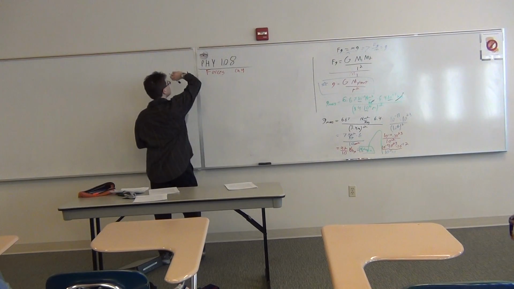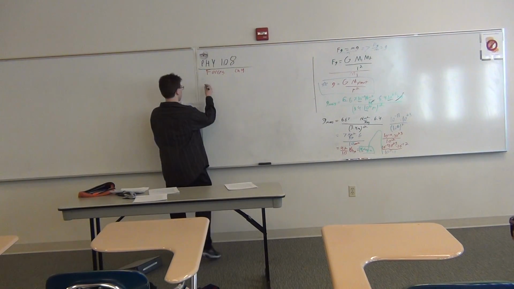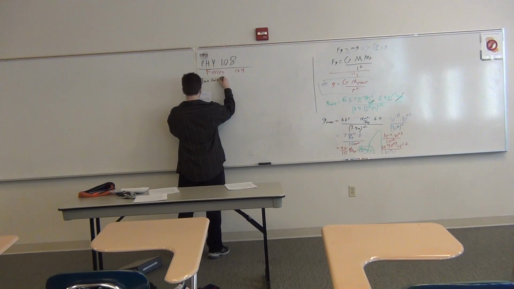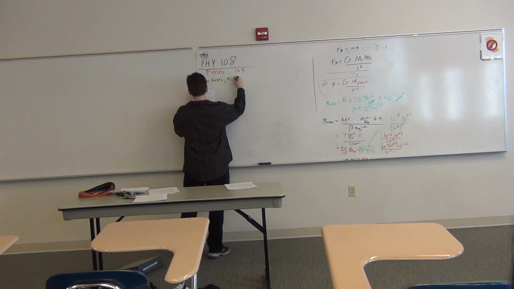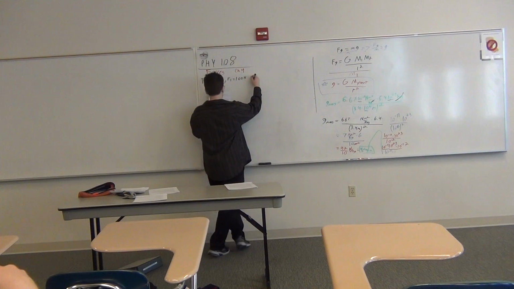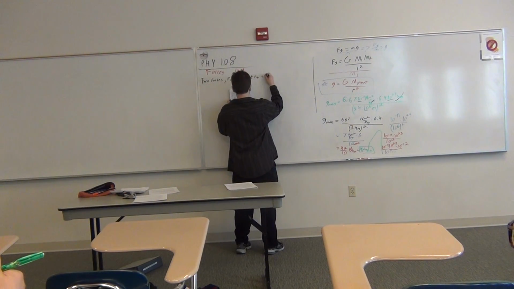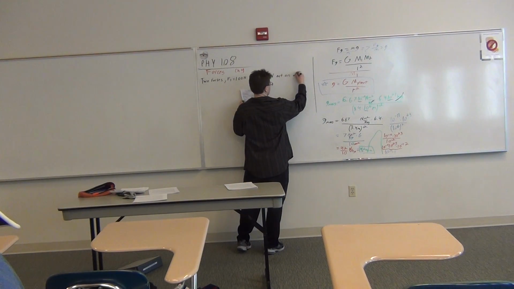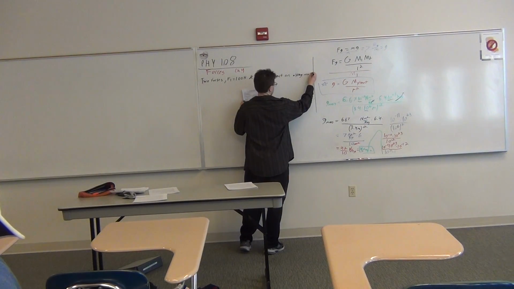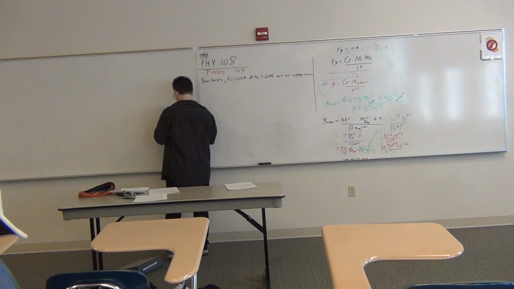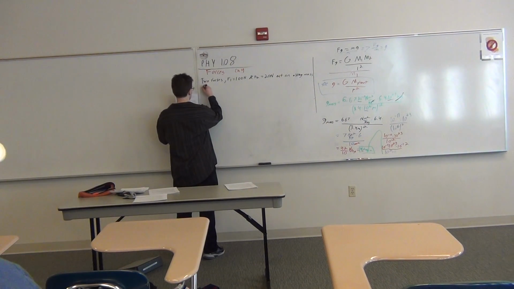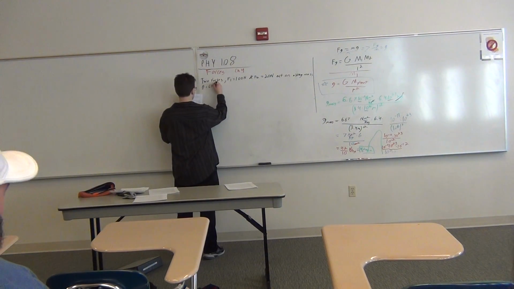Okay. So, two forces. F1 equals 100 newtons, and F2 equals 20 newtons, on a 10 kilogram block mass. Theta equals 60 degrees.